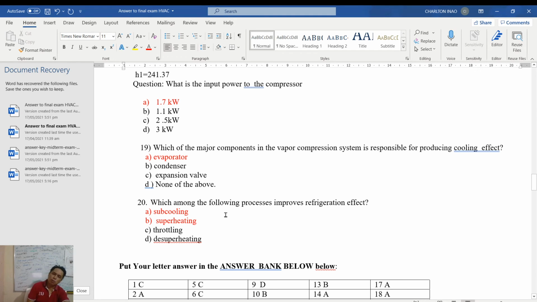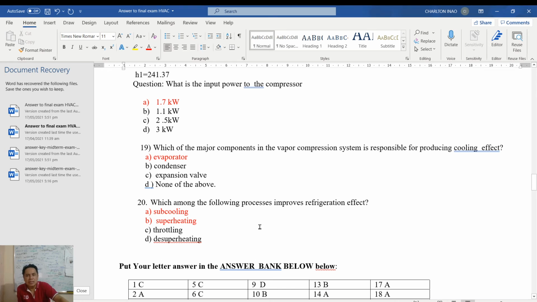So it's more in subcooling because it tries to expand the area for the initial and for the other requirements. So with subcooling, the area would increase on the evaporator side, and when the area is increased, the refrigeration load will be more efficient.